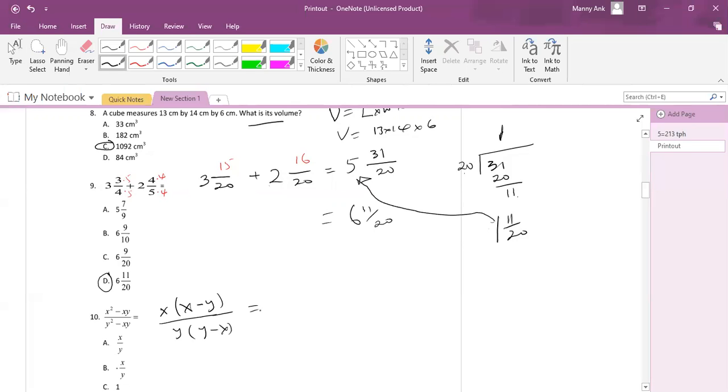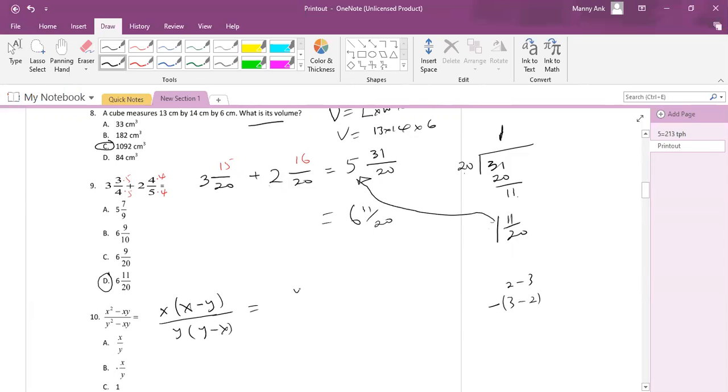I can cross something out, but before I do that, I have to make sure they look alike. How can I make them alike? X minus y, I can switch positions and make it y minus x. If I switch positions in subtraction, I have to take the opposite of what I did. Remember, if I write 2 minus 3, it's the opposite of 3 minus 2, and then I take the opposite of this and arrive at the same answer. So I can do the same thing here.